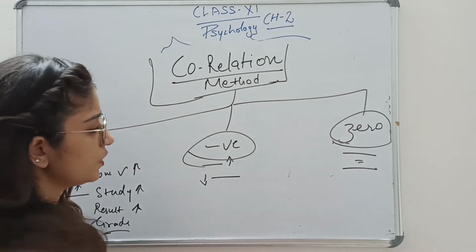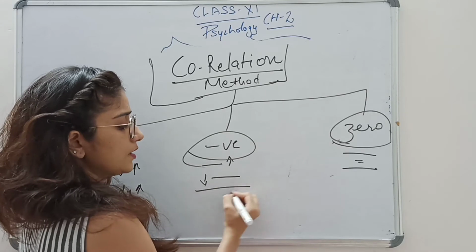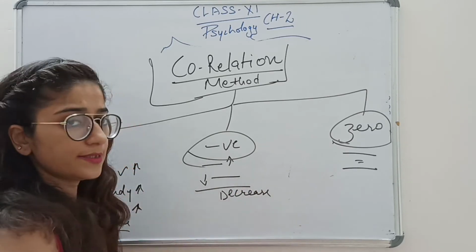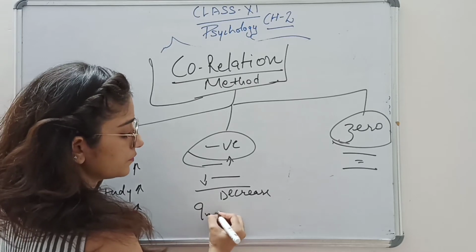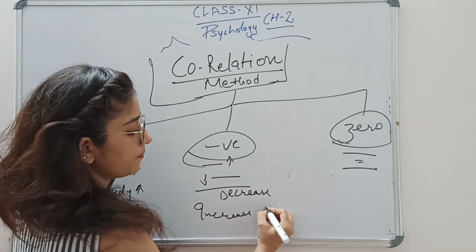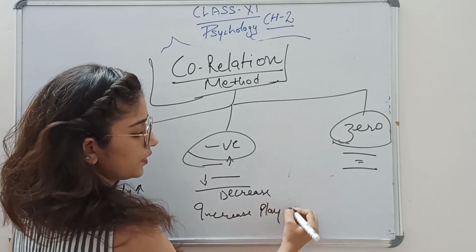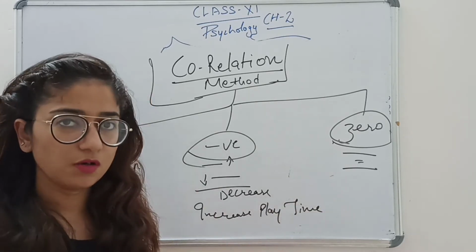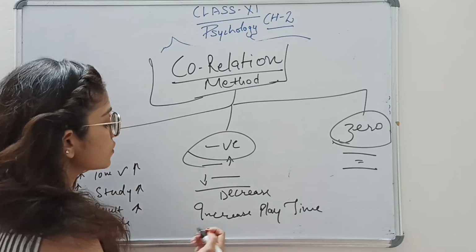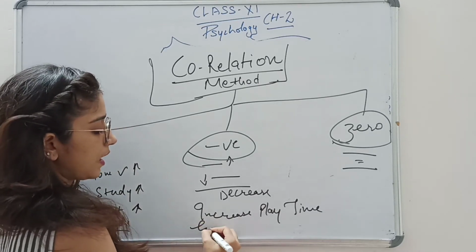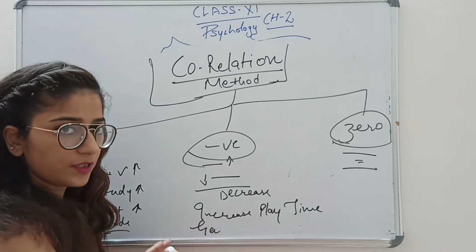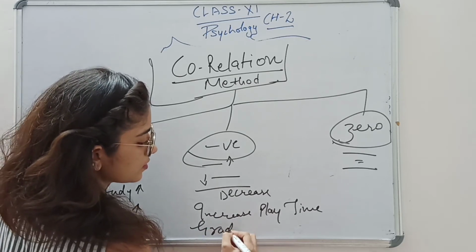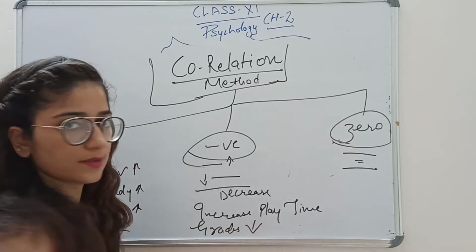Similarly, in negative correlation, if one increases, the other one will decrease. So in this, if you increase your play time, you are playing PUBG all the time, what will happen? Simultaneously, the effect will be on study and your grades will decrease.